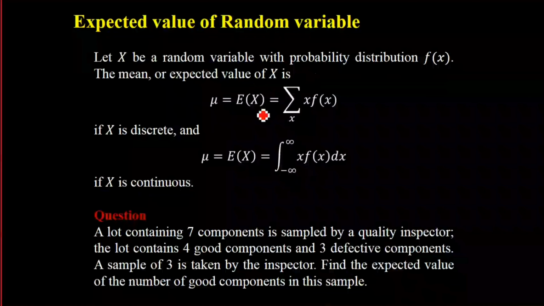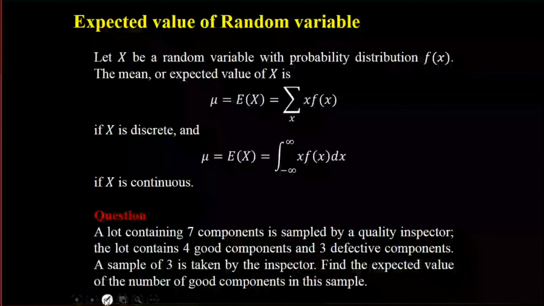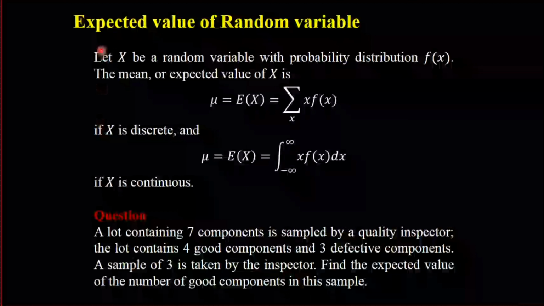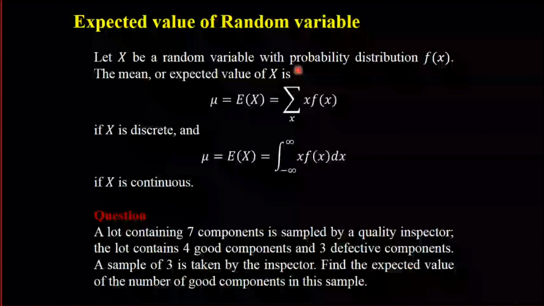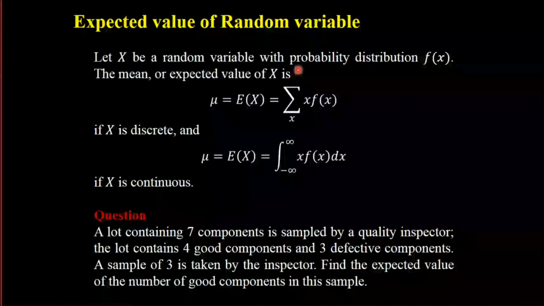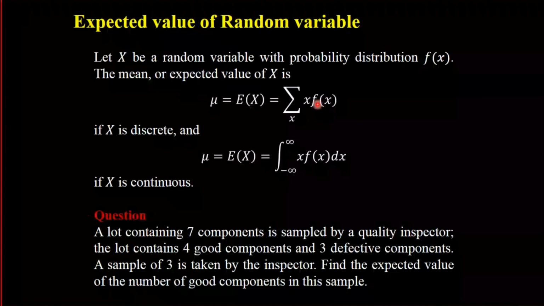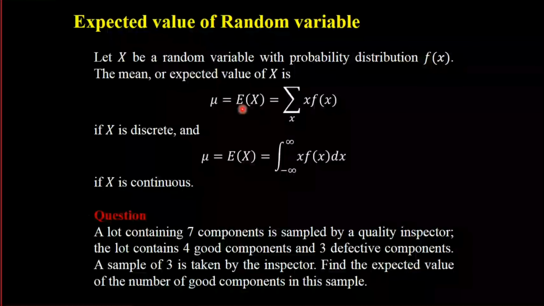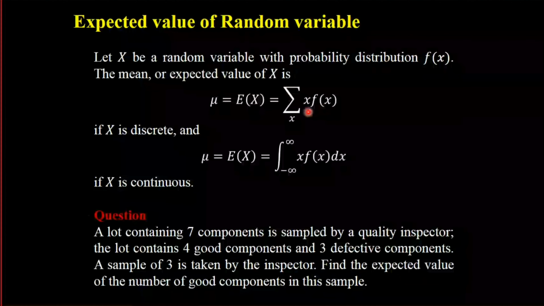So let X be a random variable with probability distribution f of x. The mean or expected value of X is mu, which is E of X, that is the summation of x into f of x. Like 1 head, 1 into the probability; 2 heads, 2 into the probability; 0 heads, 0 into the probability.